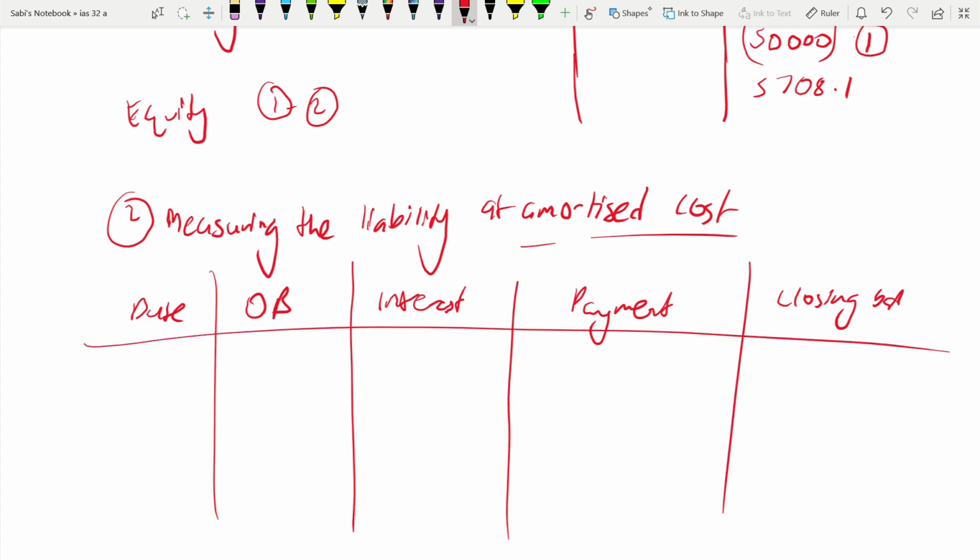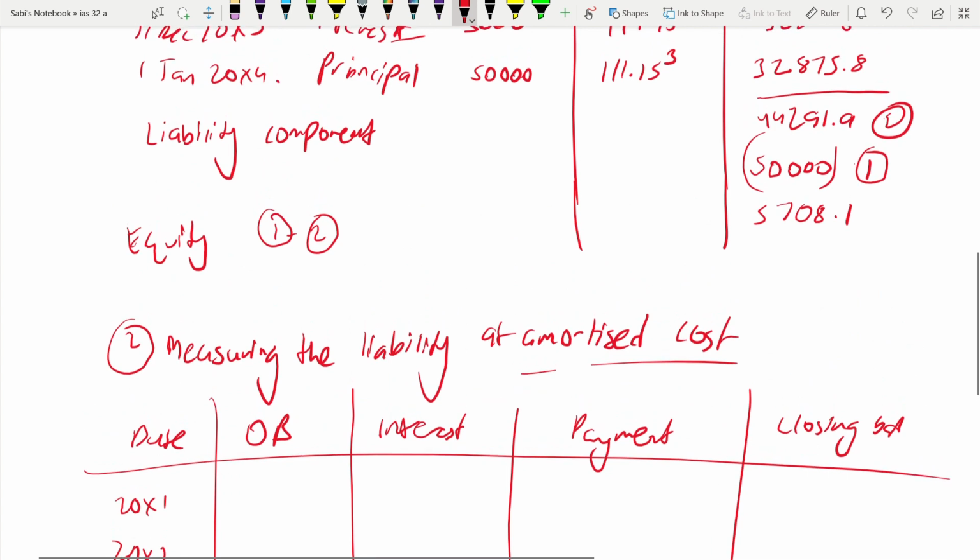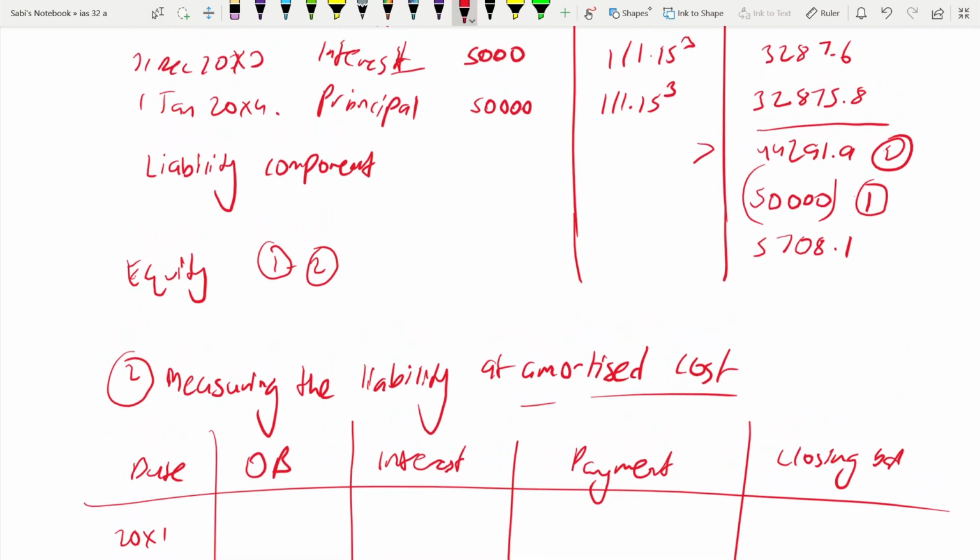Okay, so the dates will be 2001, 2002 and 2003. How are you going to get your opening balance? It is this liability component. You see, this is your starting place. You always have to do the steps.